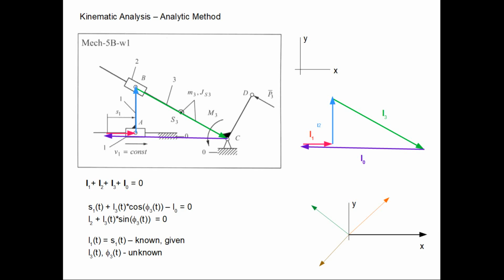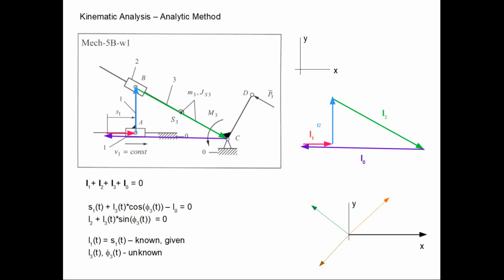Here, as you can see, there is a point which is at the distance s1 from the point a1, and this point represents the motion of the input link. And we cannot forget that this motion must be present because this is our driving motion in the case of this mechanism.